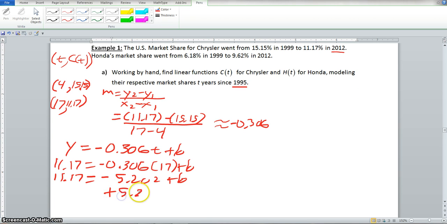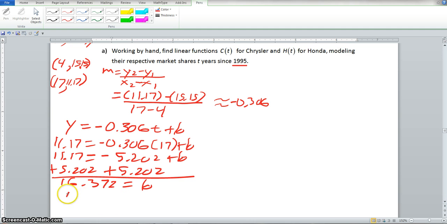We will add 5.202 on both sides, and we will end up with 16.372 is equal to b. But we want to round this to 2 decimal places. So our final answer would be 16.37. That's what b would be approximately.